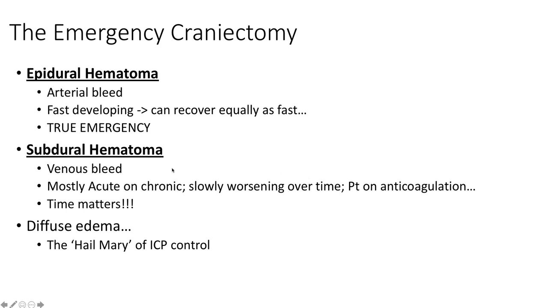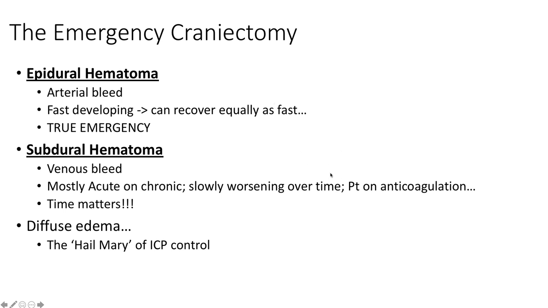Subdural hematoma, here venous bleed, so therefore slower pace in developing, most acute on chronic, slowly worsening over time, and patients on anticoagulation just are here most prone for that because they just don't stop bleeding. Time still matters, but it is not as much of an urgency as an epidural hematoma.